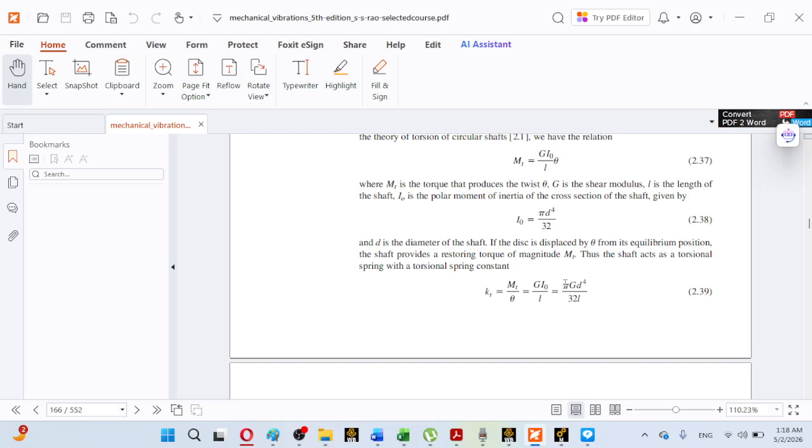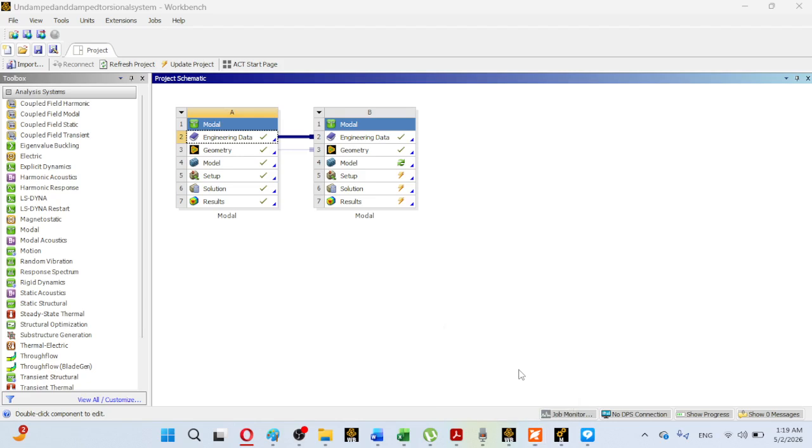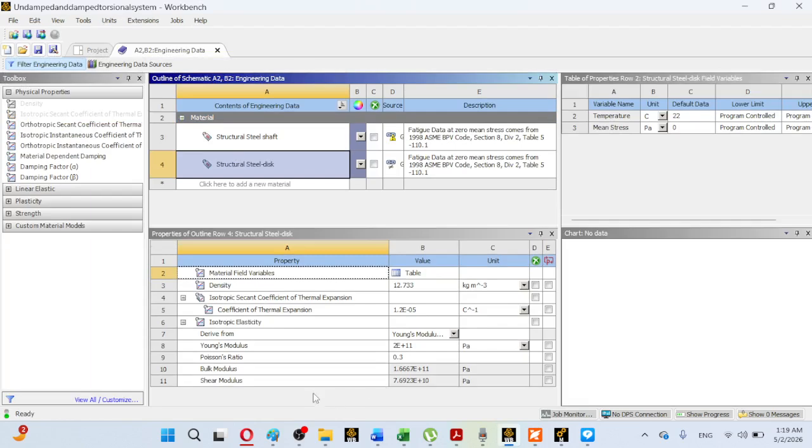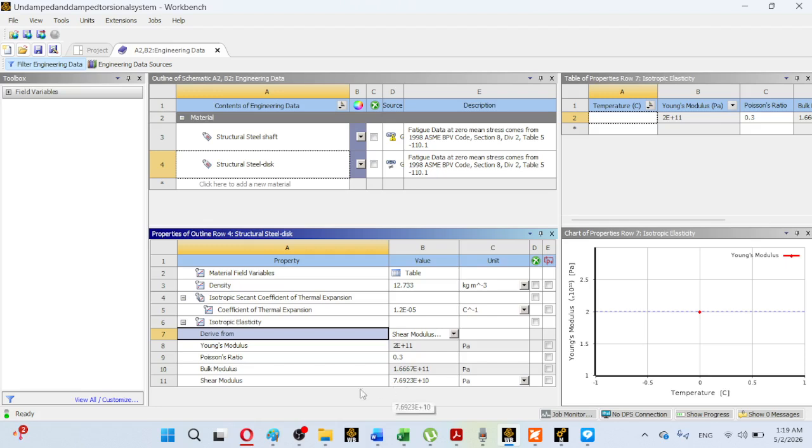So here you have pi and capital G. Remember that in the engineering data, in the derived from column, you select shear modulus and Poisson's ratio, and you will observe this is available.